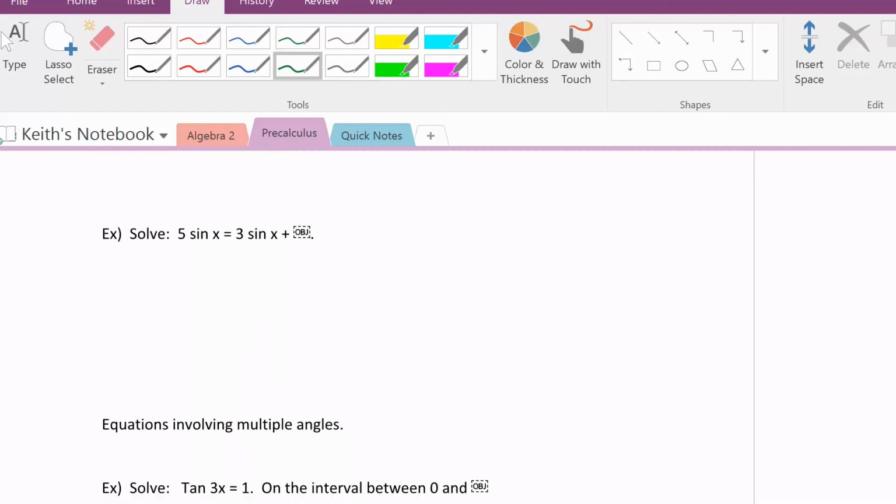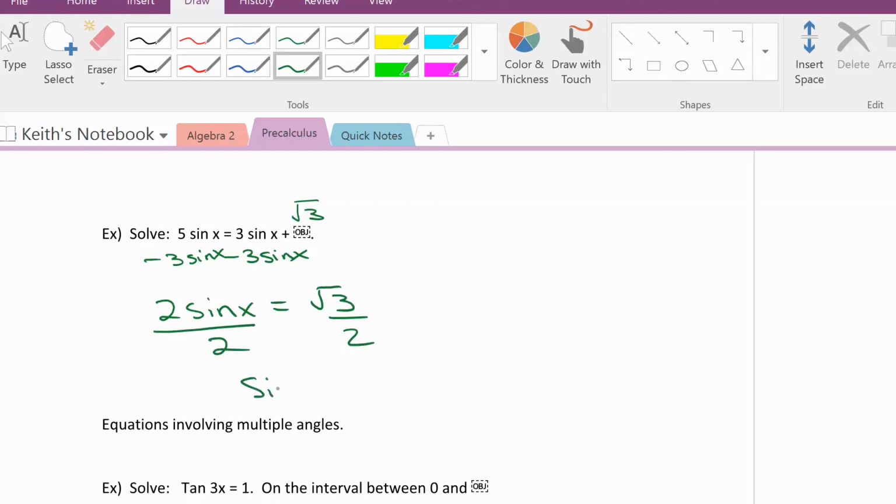Let's try another one. So here we go, 5 sine x equals 3 sine x plus the square root of 3. So we subtract 3 sine x from both sides. So you get 2 sine x equals root 3. So divide by 2, and you get sine x equals root 3 over 2.